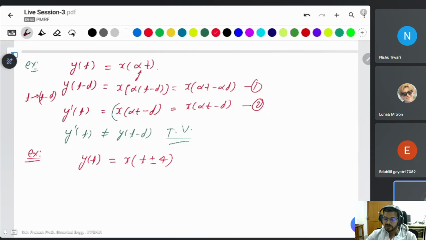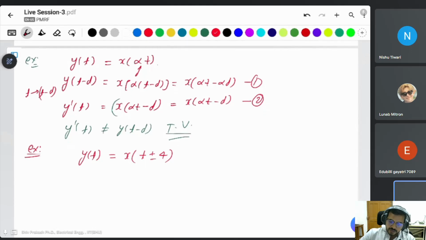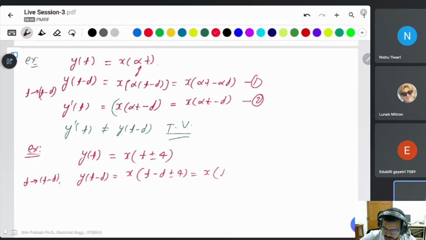If the system looks like that, let's check for this. Simply replace t with t minus d, then y(t minus d) is equal to x(t minus d plus or minus 4). At the same time you can write it like x(t plus or minus 4 minus d).